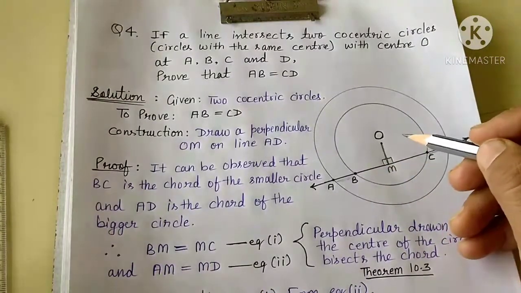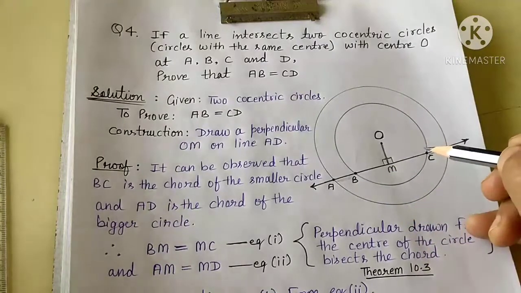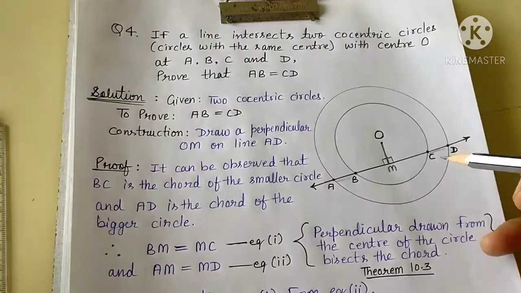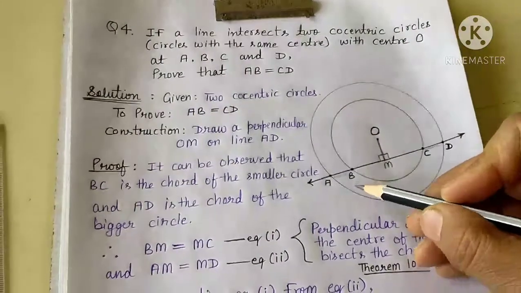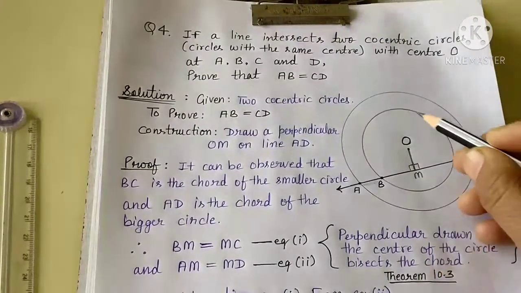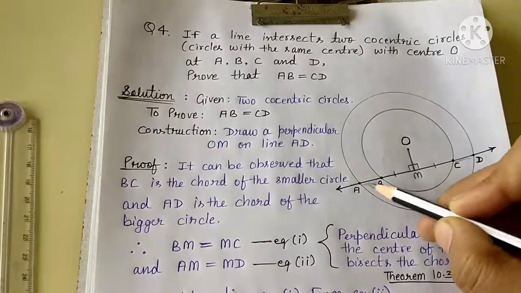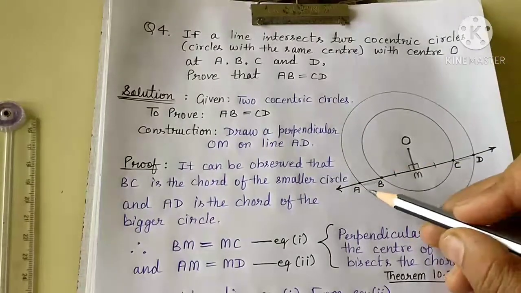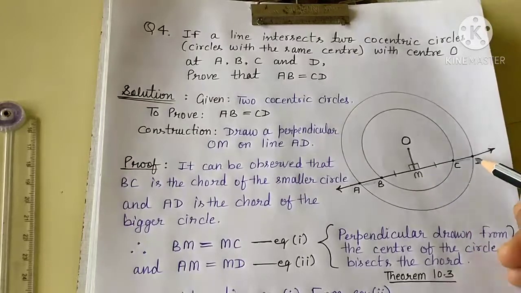And you know very well that a perpendicular bisects the chord. We have learned in theorem 10.3 that a perpendicular drawn from the center of the circle bisects the chord. So if we take the first chord BC, which is of the smaller circle, BM equals CM, and if we take the bigger circle, AD is the chord, therefore AM equals DM.